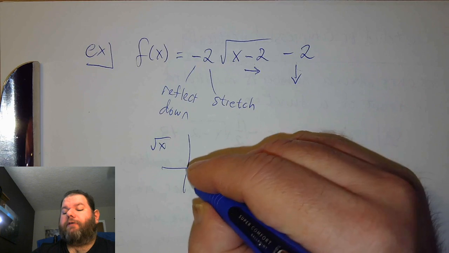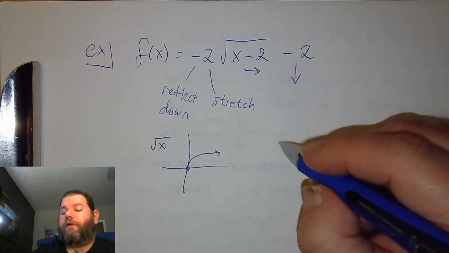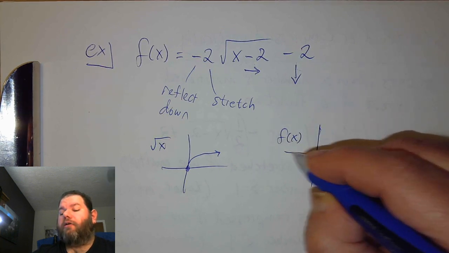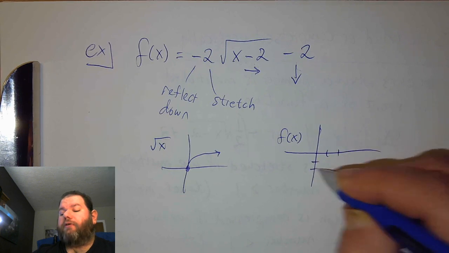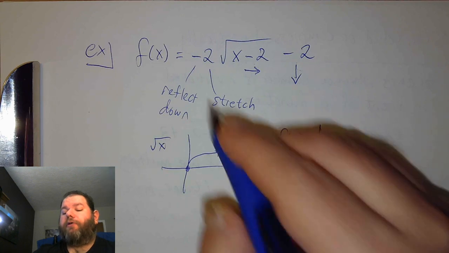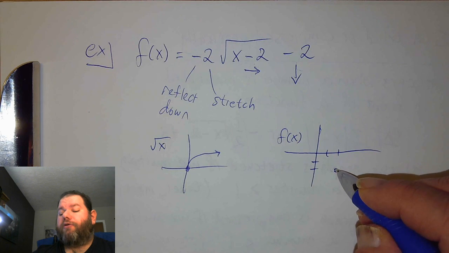Normally, square root of x looks like this. And so our modified graph, which I'll just call f of x, where from the origin we go right 2 and down 2. Instead of drawing it up and over, we reflect it, so the whole graph flips down. So now we go down and over.